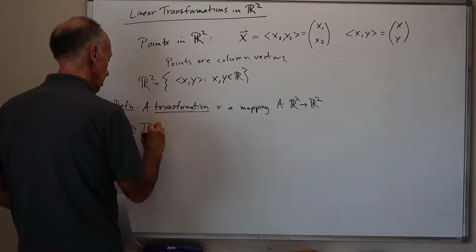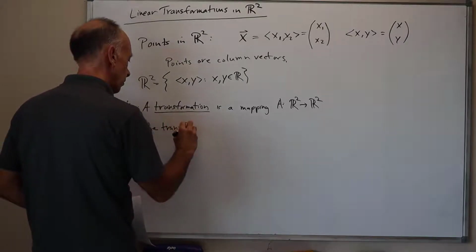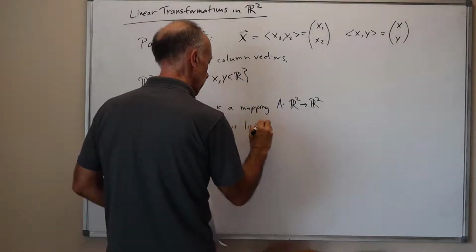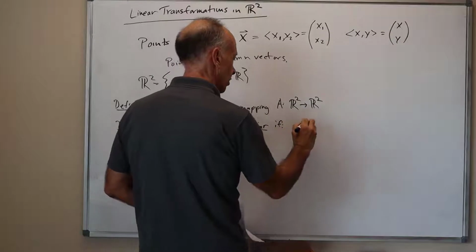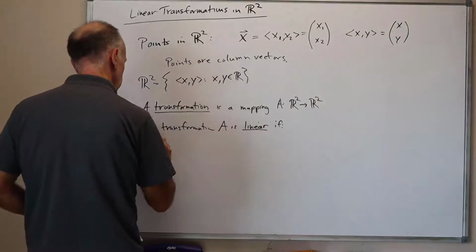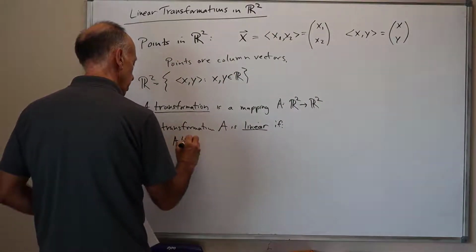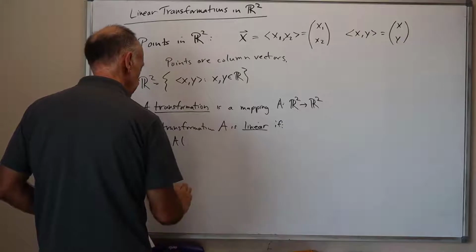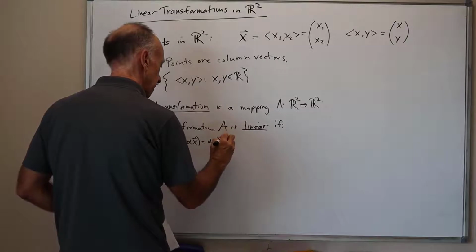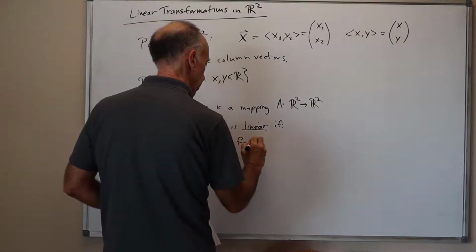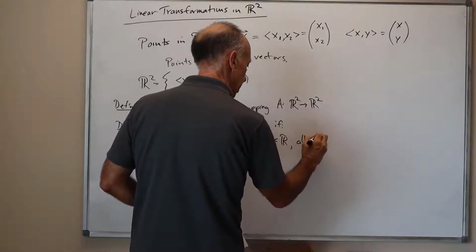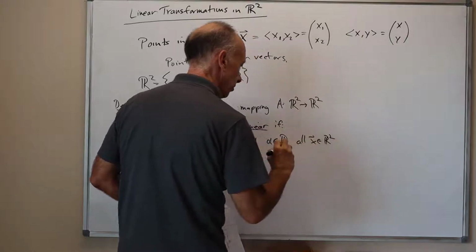And then the transformation A is linear if the following 2 things hold. So one is A of alpha times x equals alpha times A of x, for all scalars alpha, for all alpha in the real numbers, and all x points in R2.